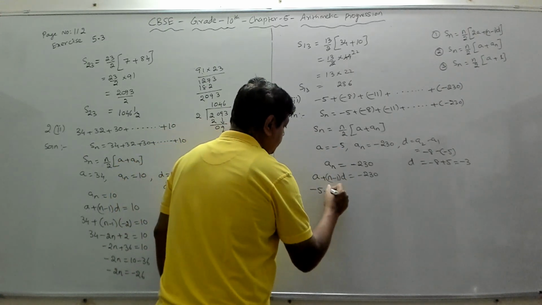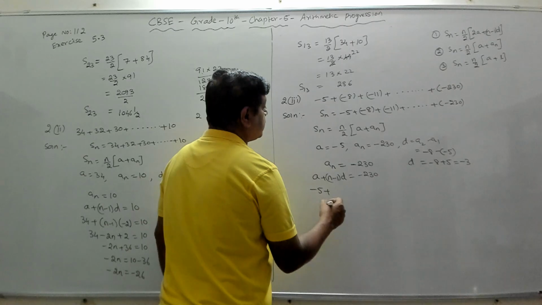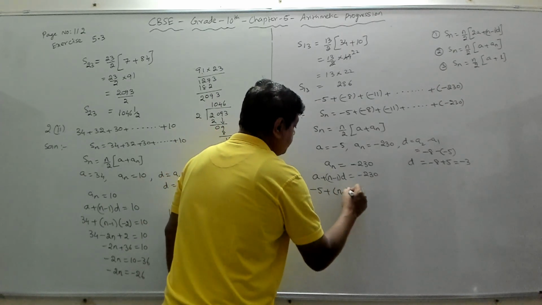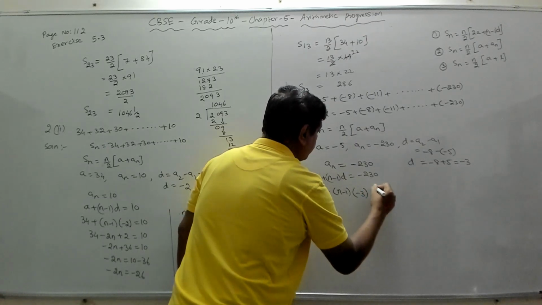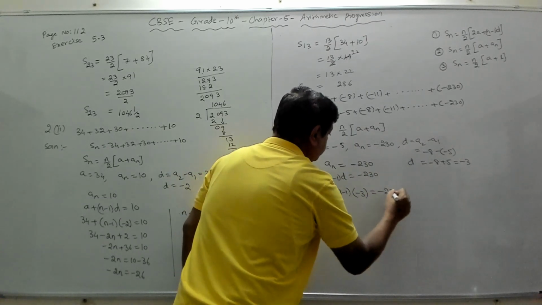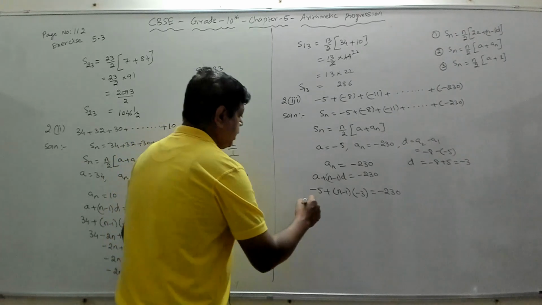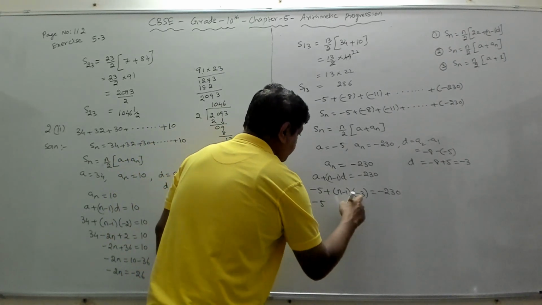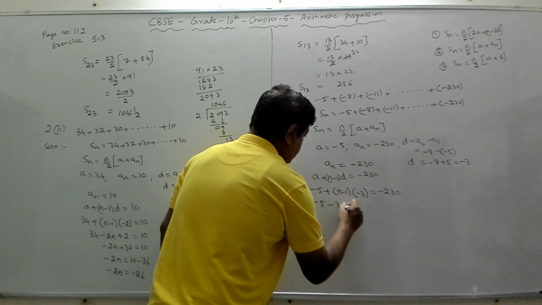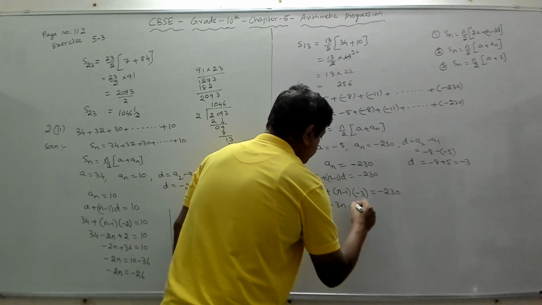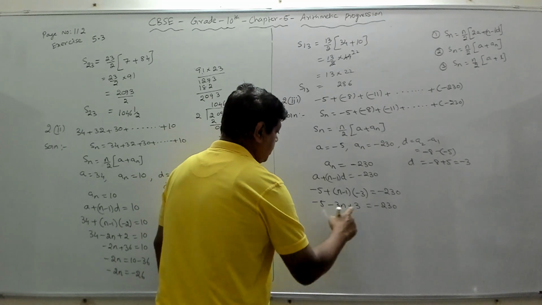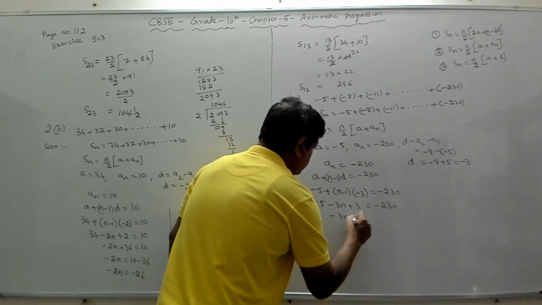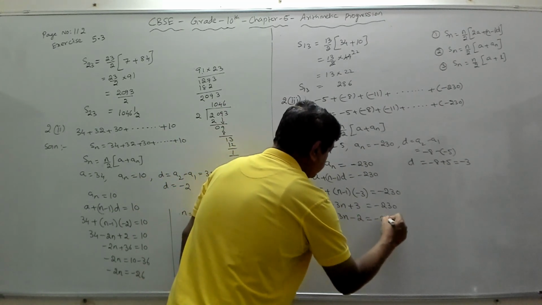So minus 5 plus n minus 1 into minus 3 equals minus 230. We get minus 5, then minus 3n, minus 3 times minus 1 is plus 3, equal to minus 230. Now minus 5 plus 3 is minus 2.